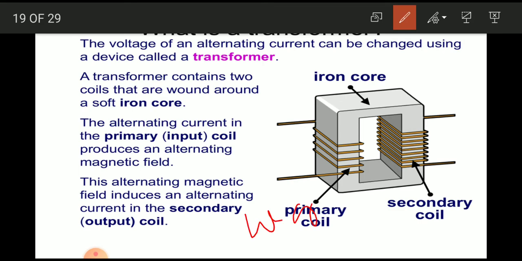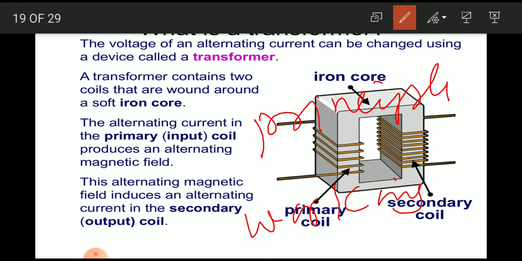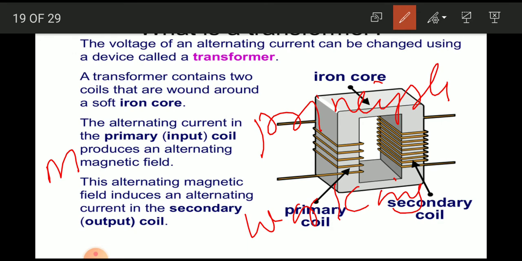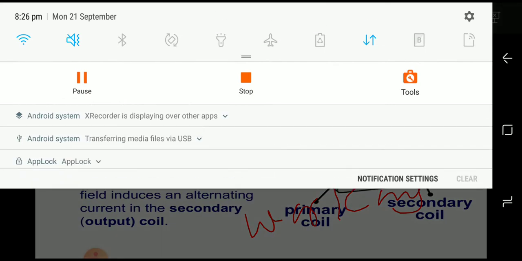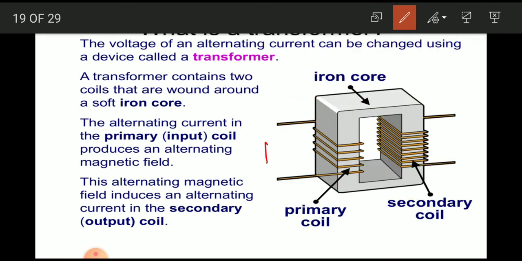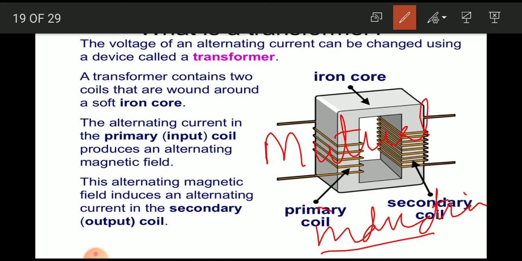Working principle is what? Mutual induction.